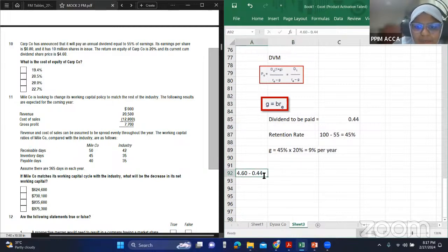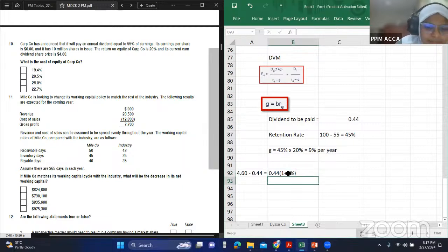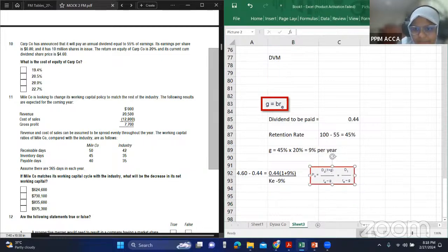That will equal D0, which is the current dividend, 0.44, times 1 plus g, which is 9%. This whole thing, you divide it by Ke, which is what we have to find, minus 9%. Okay, this is the same equation.